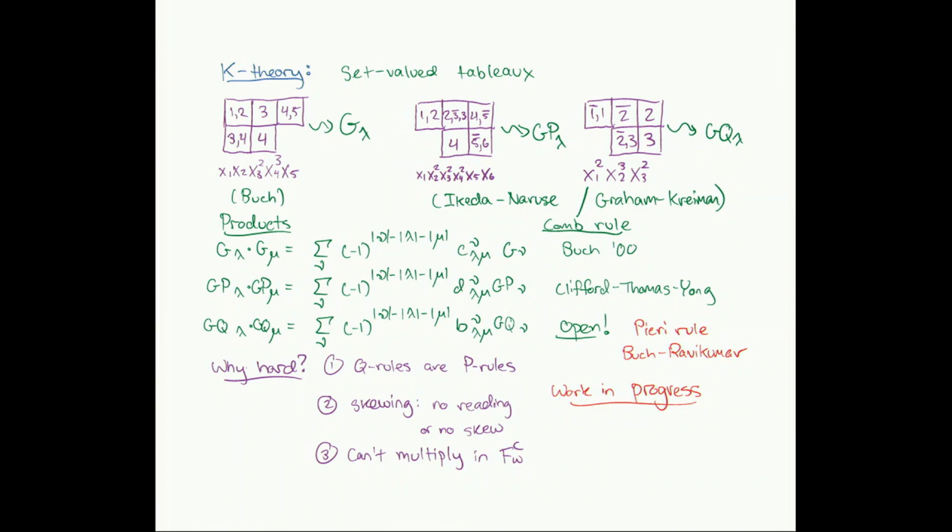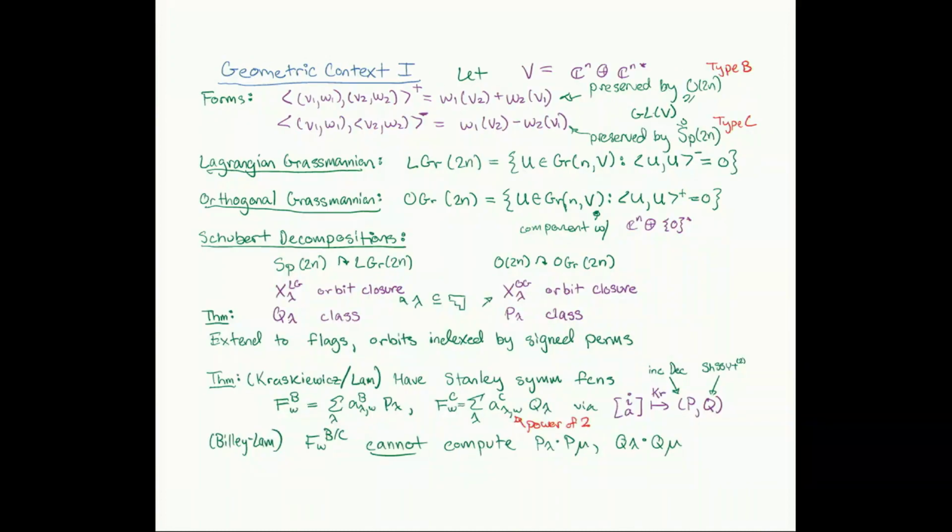So I have some work in progress where, if I go back a few slides to the first geometric context, I mentioned this Kraśkiewicz insertion. I have some joint work in progress with Josh Arroyo, Jianping Pan, and Graham Hawkes, who isn't here, where we at least have defined a K-theoretic version of Kraśkiewicz insertion.